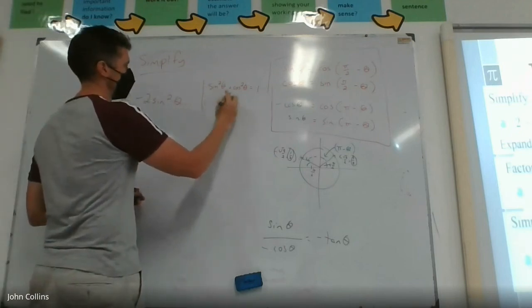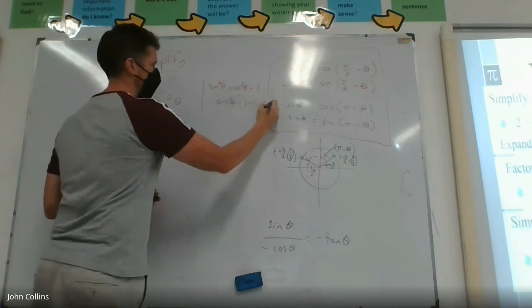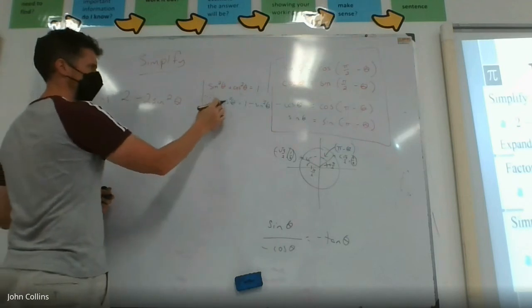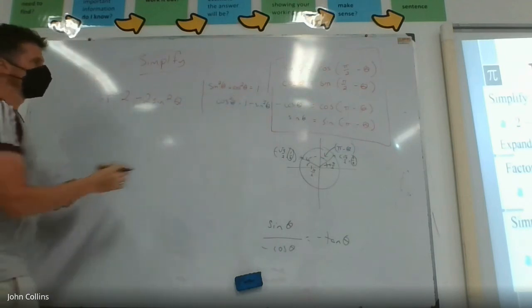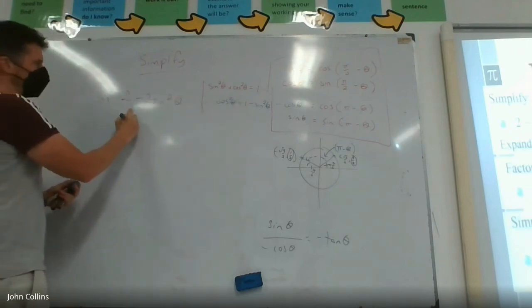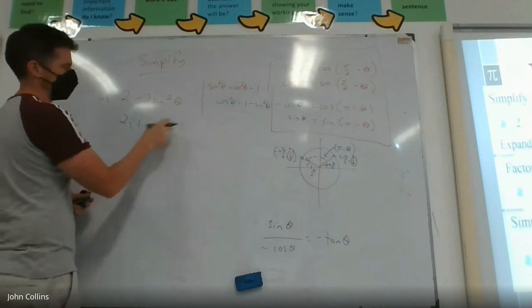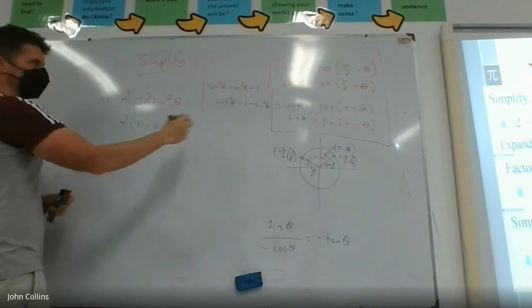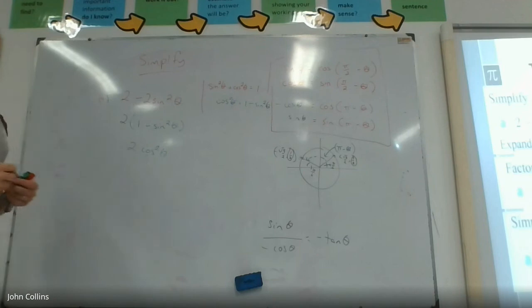Cosine squared theta is 1 take away sine squared theta. See that? This is just subtracting sine squared from both sides. And that looks a lot like this, except there are 2s. Let's factor out a 2. Oh, look. That is that. Done. That's all we can do. 2 terms, down to 1.